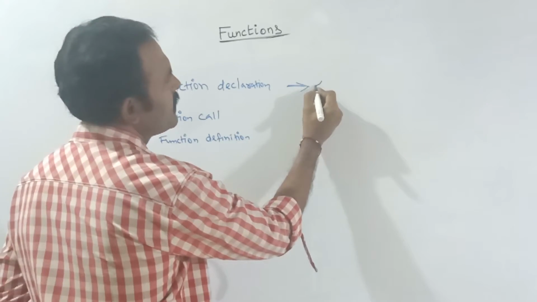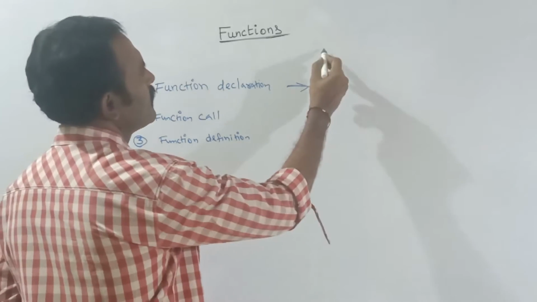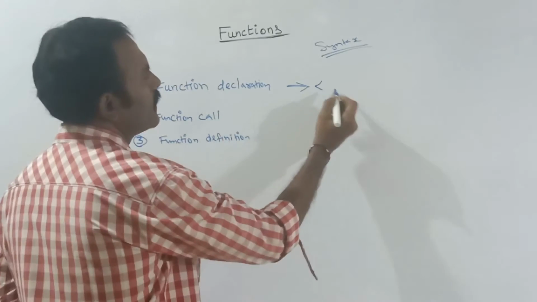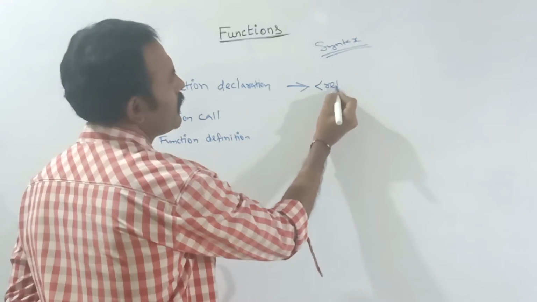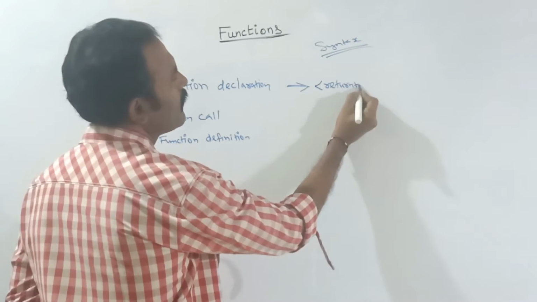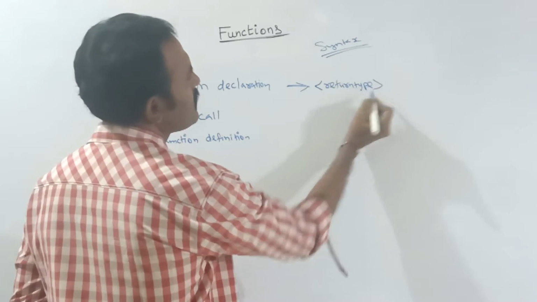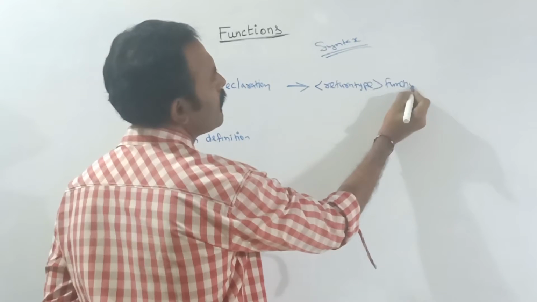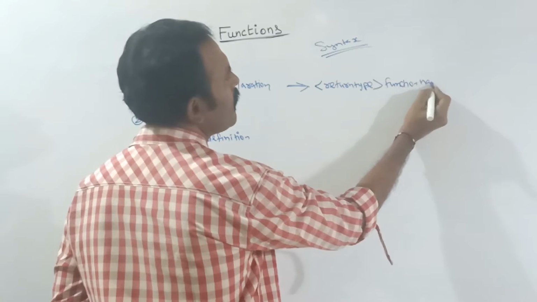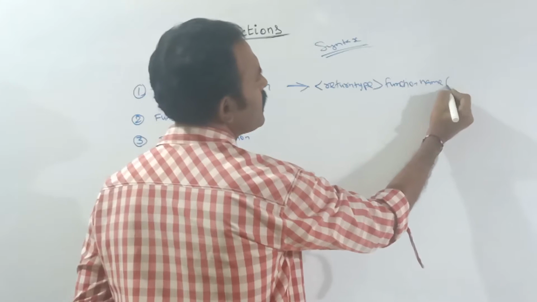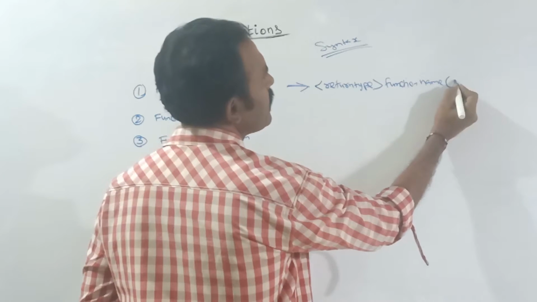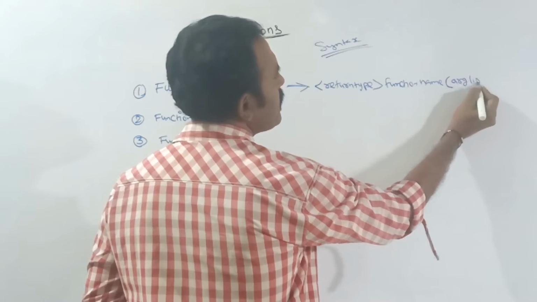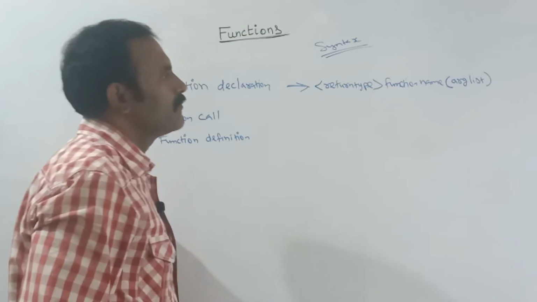Here the syntax is: first the function return type, next the function name, and after that in parentheses we declare the argument list or parameter list.